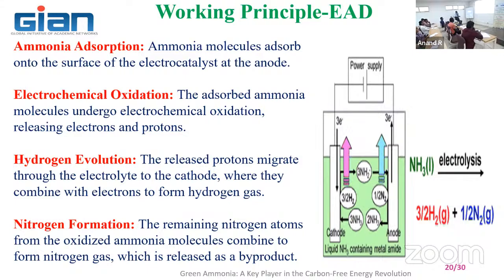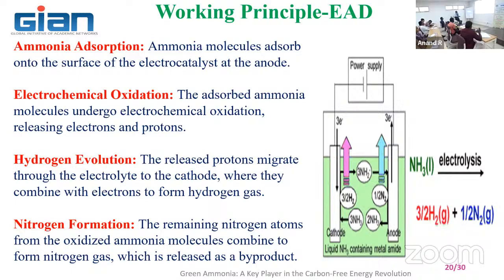The electron moves out through the external circuit and recombines with the positive ions coming through the electrolyte into the cathode. H plus and electron minus combine to produce hydrogen.